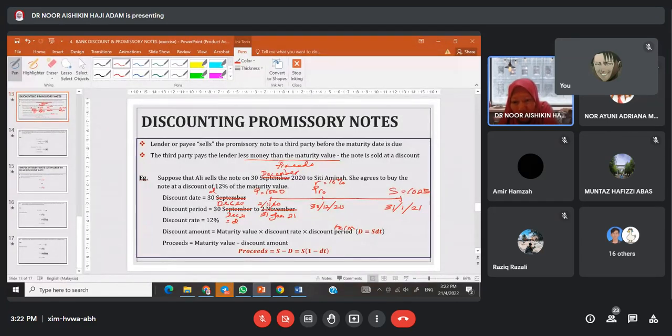Tetapi sebulan sebelum tu dia pergi pada Siti Aminah, dia jual note tu at 12% discount rate. Discount rate tu Aminah lah yang kenakan dia kan. Aminah pun nak collect something juga. So the amount of money that Ali got from Siti Aminah is the proceeds. Yang S tadi apa yang dia patut dapat daripada Abu. Proceeds is the money that he got from Siti Aminah.